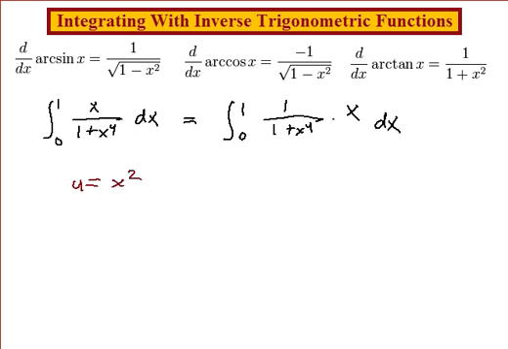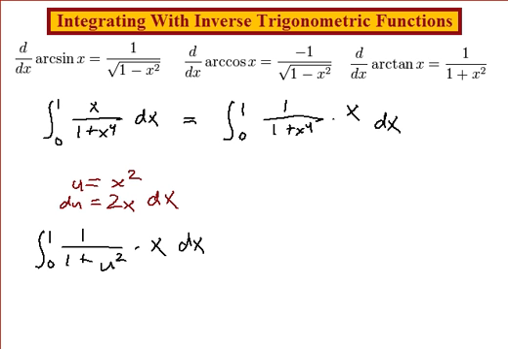Now we're integrating from 0 to 1, 1 over 1 plus u squared times x dx, and we're hoping that when we take the derivative of u, we end up with what we want. And we end up with something very close to what we want. We have 2x dx. The problem includes just x dx. So I'm going to stick a 2 in there, stick a 1/2 on the outside, and now we are ready to roll.